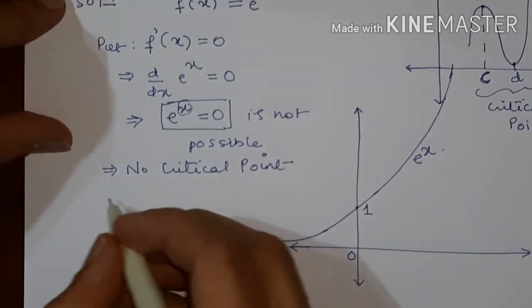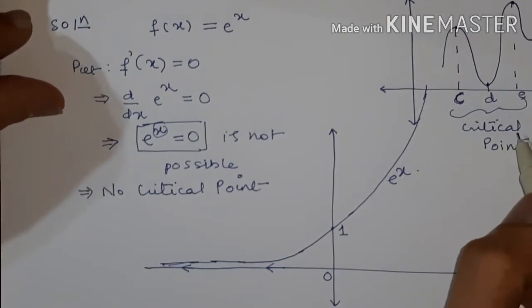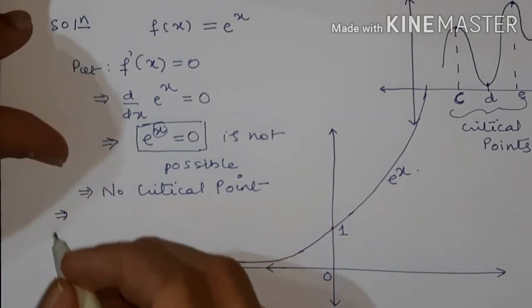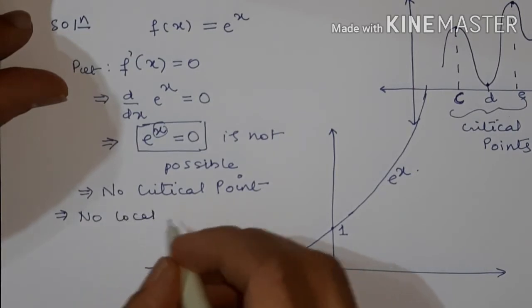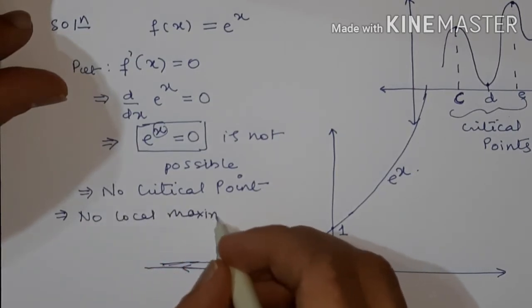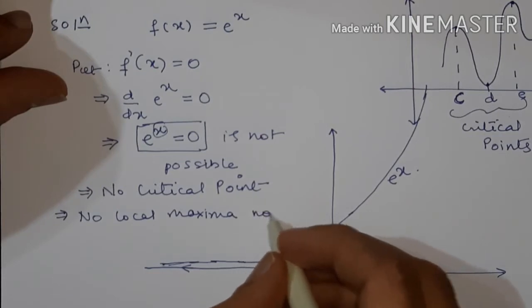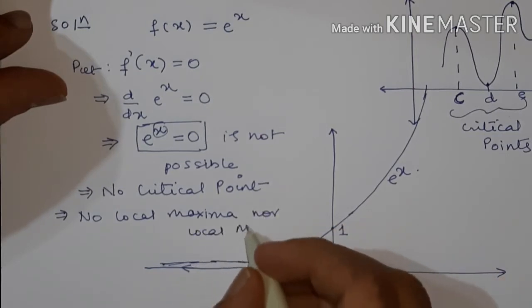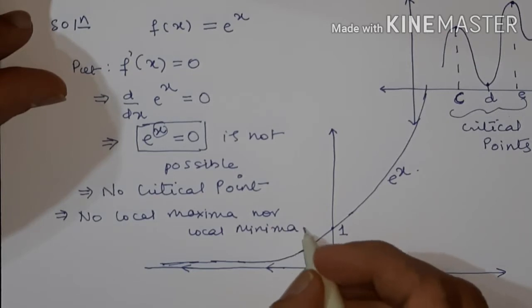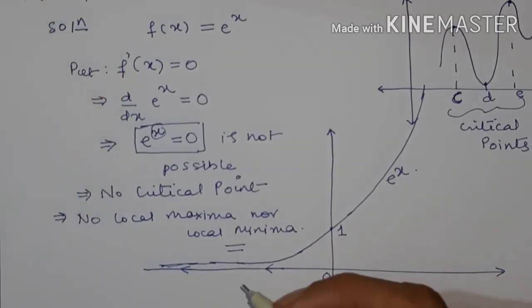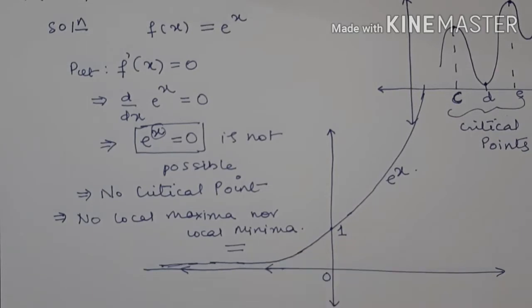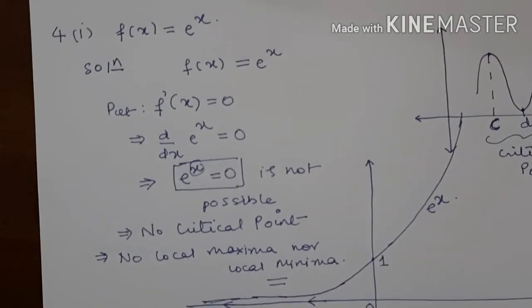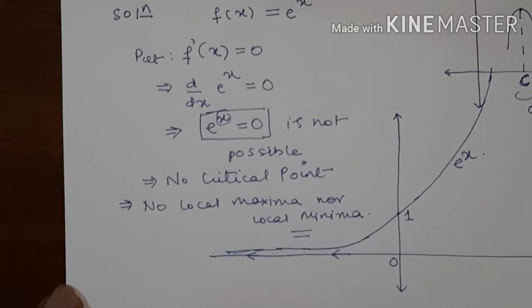No critical point. And since you cannot find critical points, there is no local maxima nor local minima. So that is the solution. Have you understood?